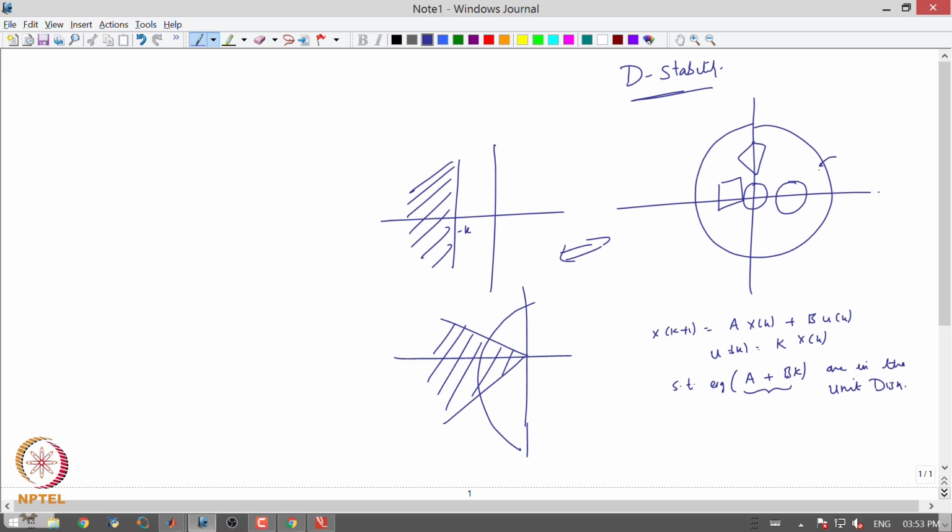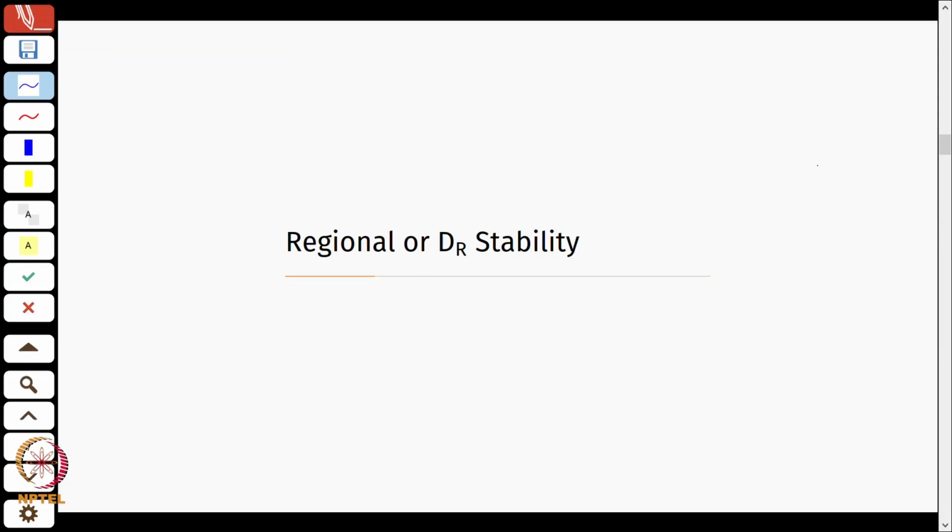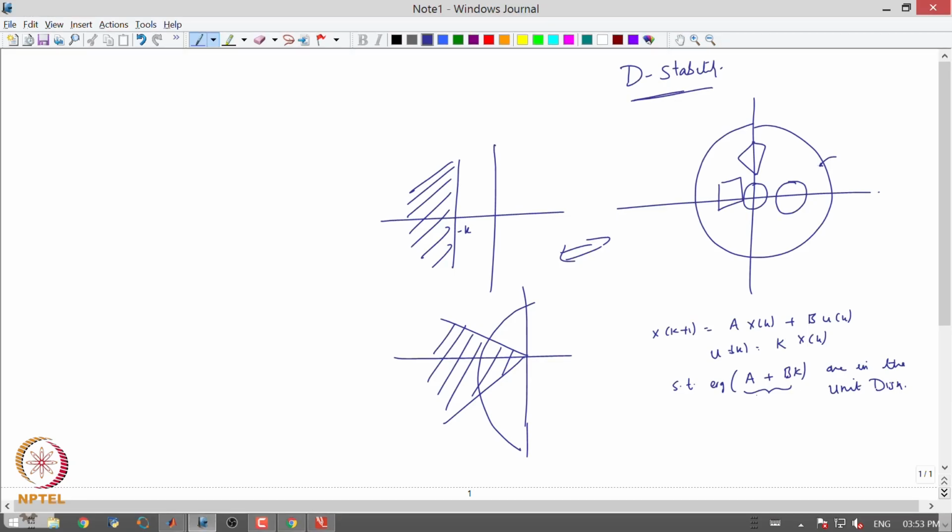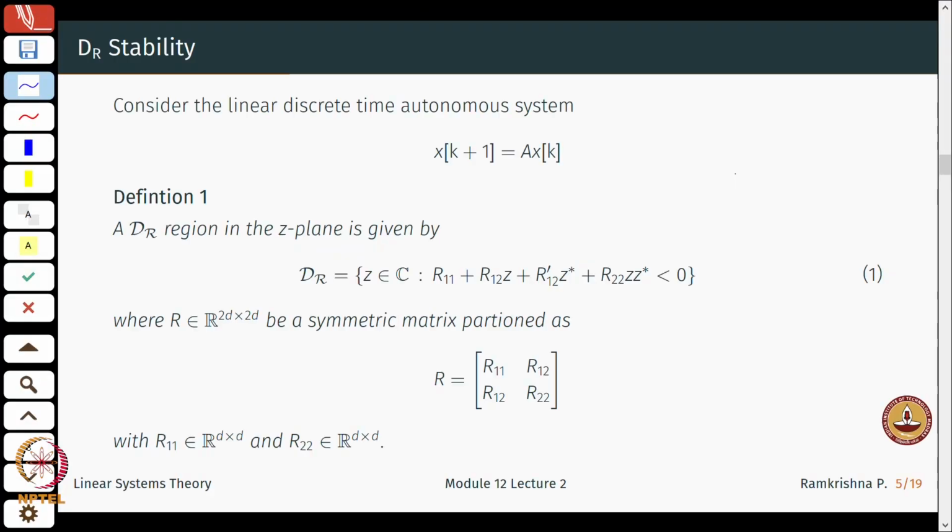Let's look at this particular thing in the discrete time case: how do I solve for my poles to be in one predefined region of the stable region. Let's look at the autonomous system to begin with. A D_R region is defined by the following relation in the z plane, with matrices R11, R12, R22.